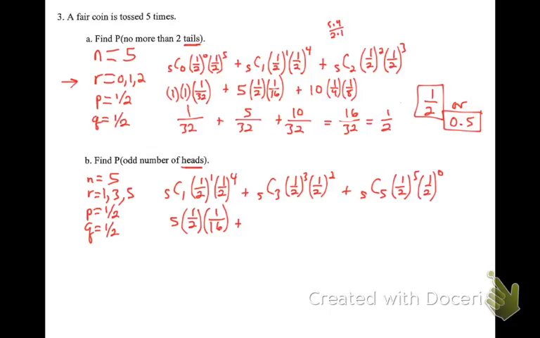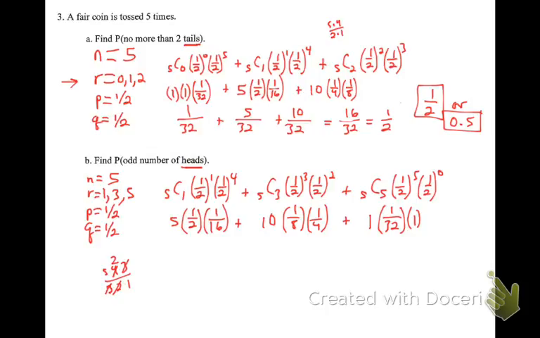5C3, that is 5 times 4 times 3 divided by 3 times 2 times 1. 3's cancel. That's going to be 10 times 1/8 times 1/4. 5C5 is the same thing as 5C0, so that's going to be 1 times 1/32 times 1.